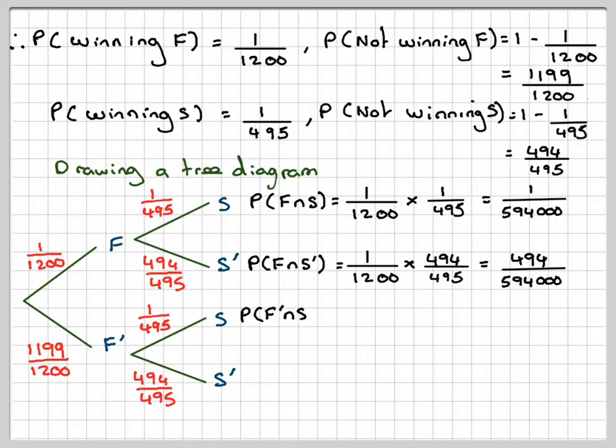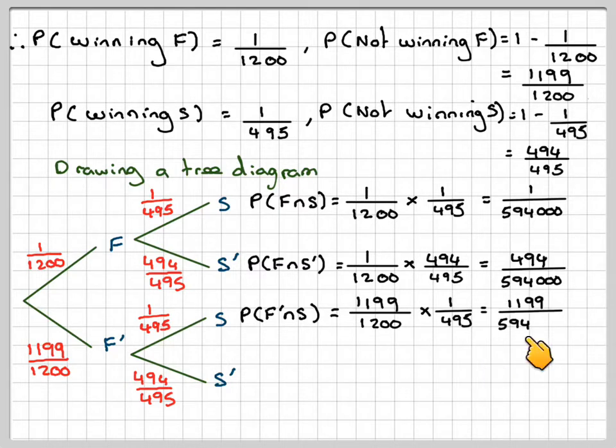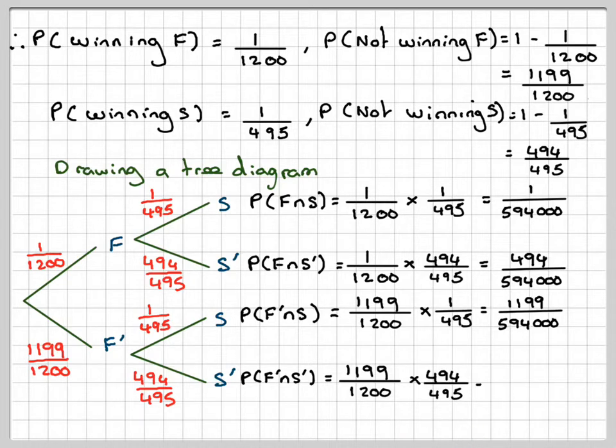The probability of not winning the Friday but winning the Saturday is going to be 1,199 out of 1,200 times 1 out of 495, which gives me 1,199 over 594,000. And the probability of not winning either of the lotteries is going to be 1,199 out of 1,200 times 494 out of 495, which gives me 592,306 out of 594,000.